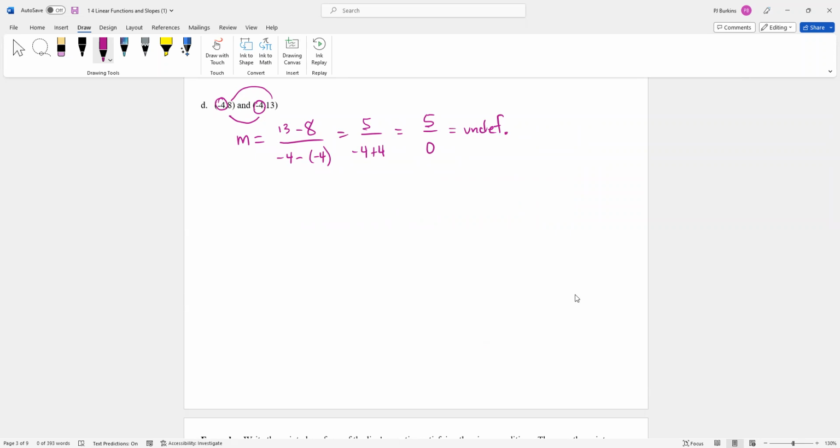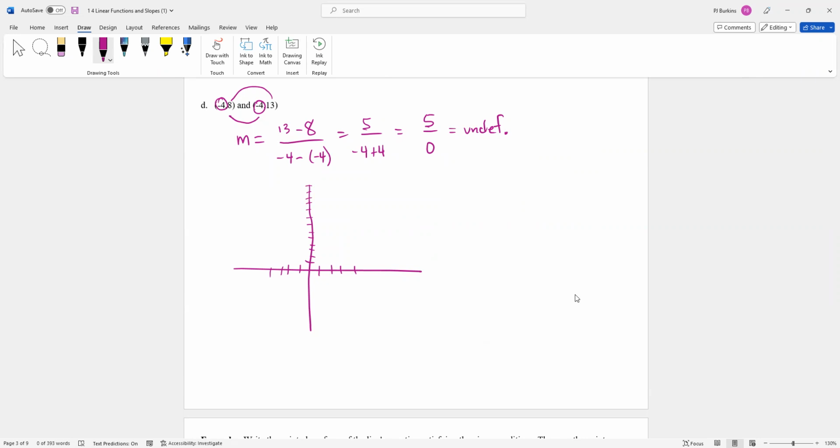And let's see what that looks like. We sketch. Okay, so let's see. I need my x values to go to -4 for both. And I need to go up to 13. So my line's getting pretty bad there, but you get the idea.